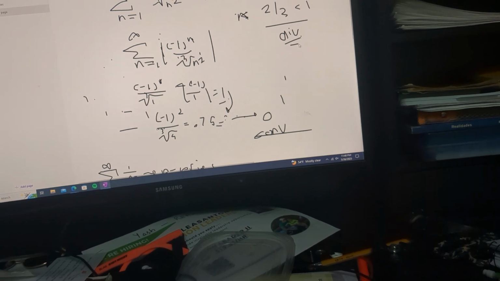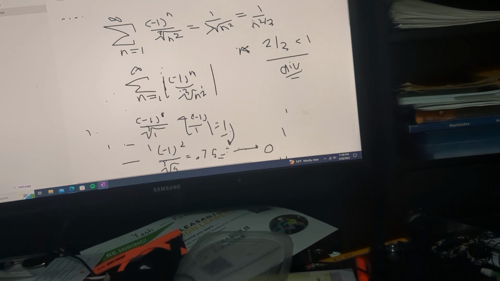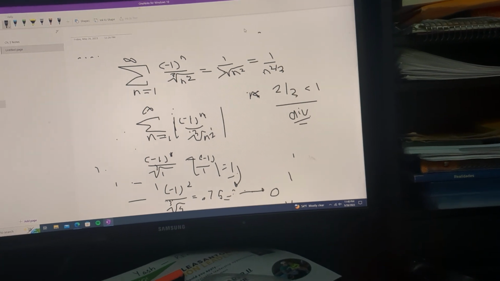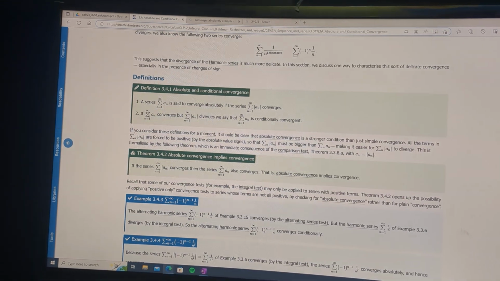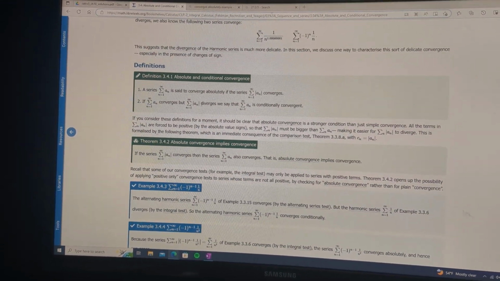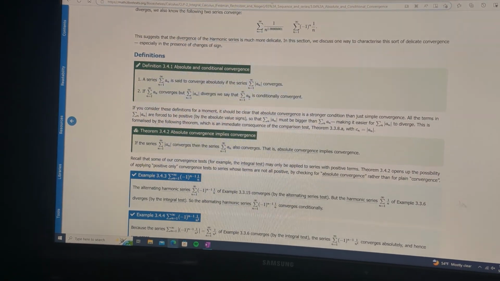Well, the regular series diverges, and this follows the conditional convergence part of the formula that we remember from this. Number 2, if the series a of n converges, but the series absolute value of a of n, the same series, diverges, then said series is conditionally convergent.